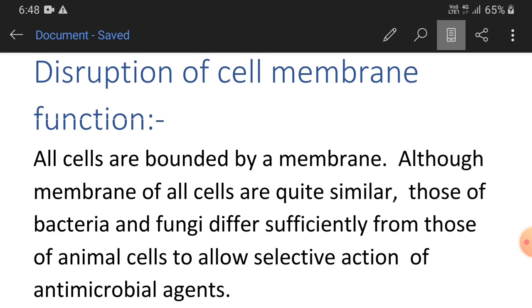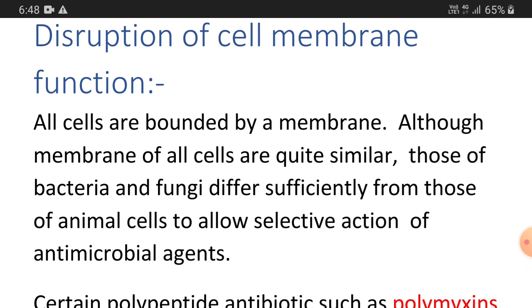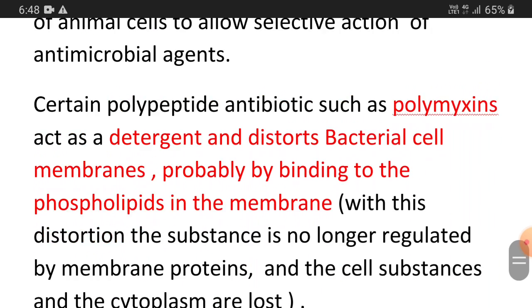We can use those characteristics for constructing antimicrobial agents because they are absent in human cells, okay? For example, we have discussed two kinds of antibiotics. One is polymyxin, which is a polypeptide and acts like a detergent, okay? It causes destruction of the cell membrane by binding with the phospholipid.